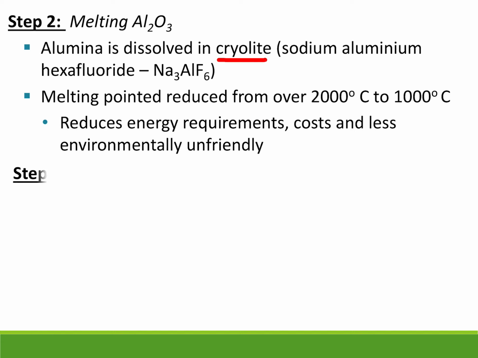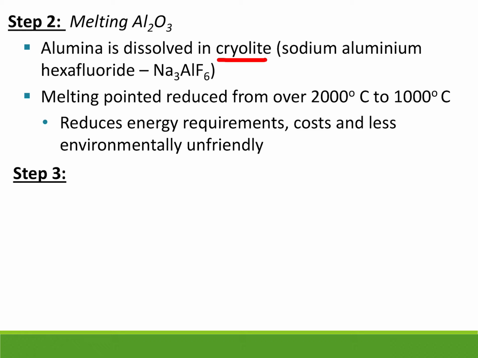And that is very important because it reduces costs, reduces energy, it makes it a little less environmentally unfriendly. This process uses a ridiculous amount of electricity. Of course, because in South Africa we create our electricity from coal power stations predominantly, all that electricity is environmentally unfriendly for us.